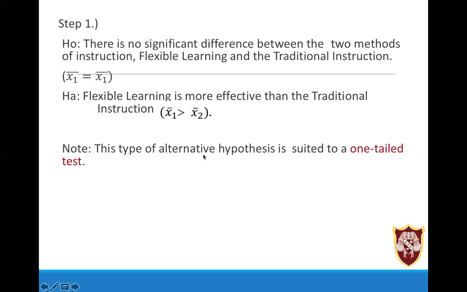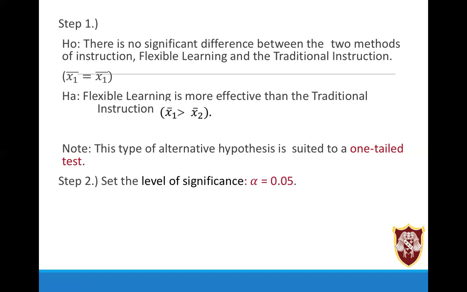No? So you're just saying that the two are not equal. But since here, we state specifically that FL or flexible learning is more effective than traditional instruction, and we use this greater than symbol, this implies that the test to be performed is a one-tailed test, or a test applicable to a directional hypothesis.